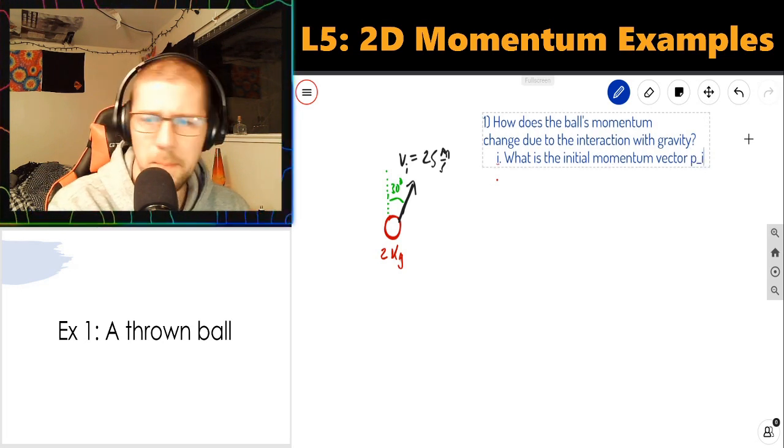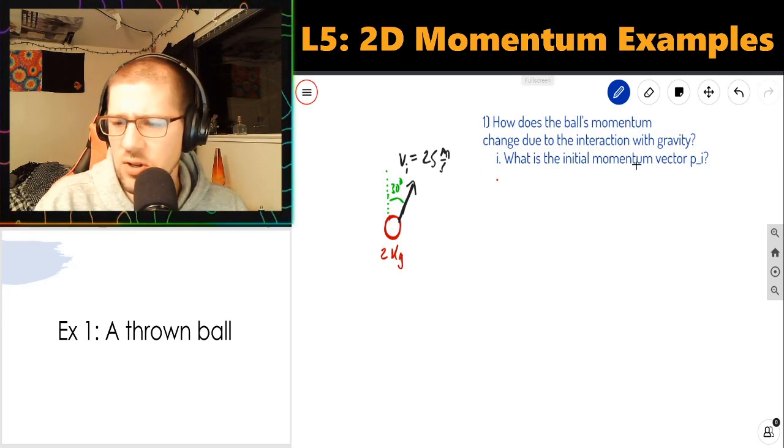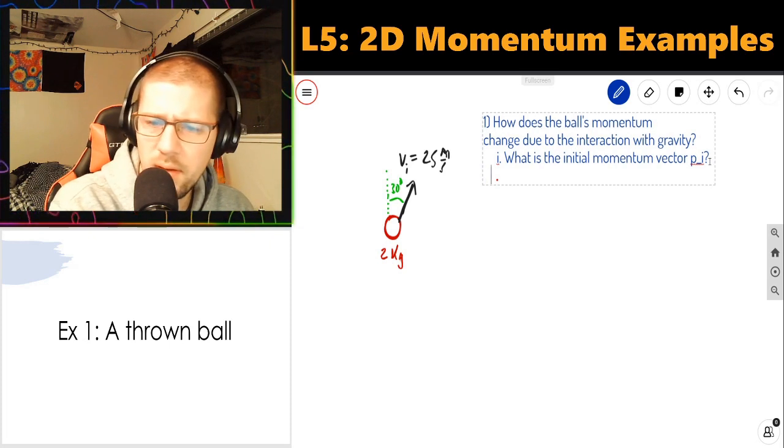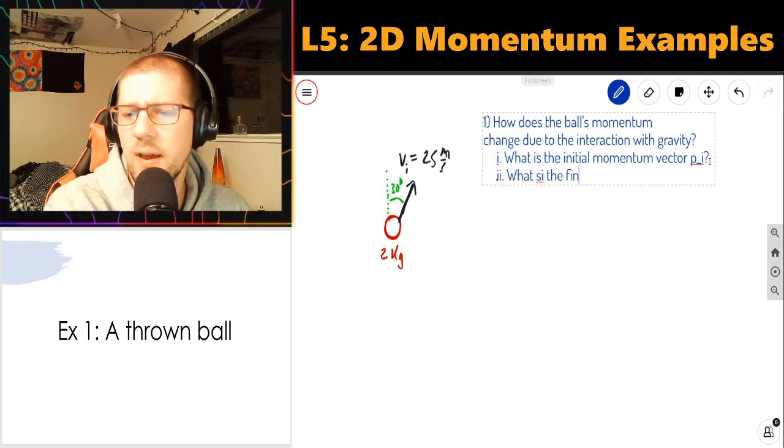I'll call it Pi. And then, of course, if I'm talking about a change, I'll also need some final. Two: what is the final momentum vector P?